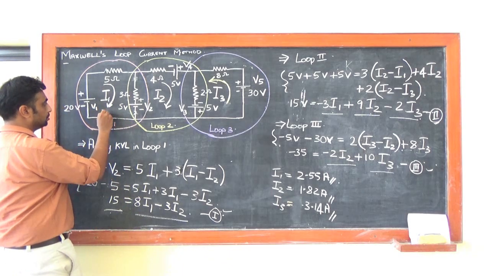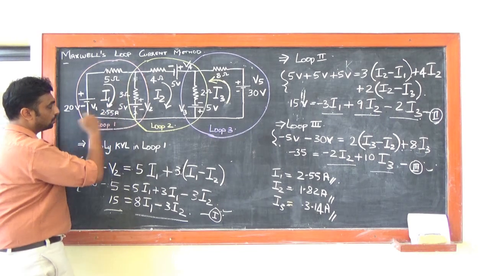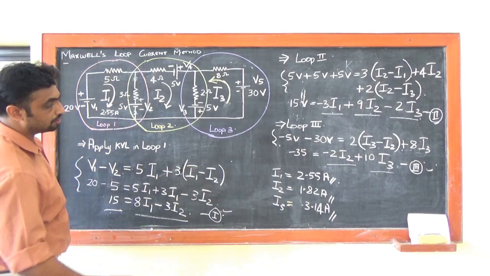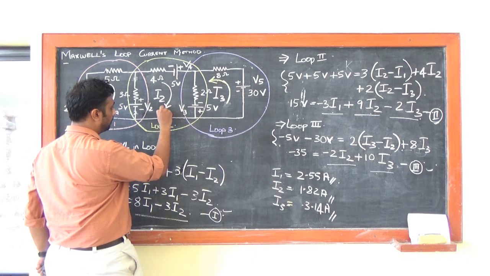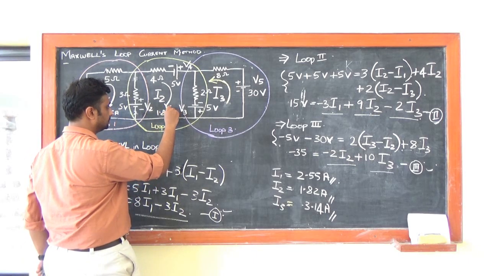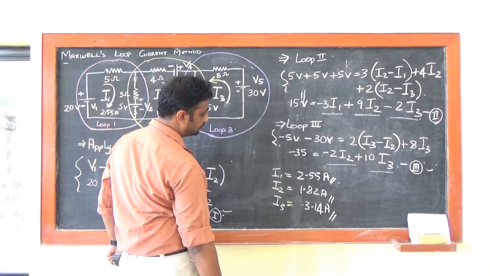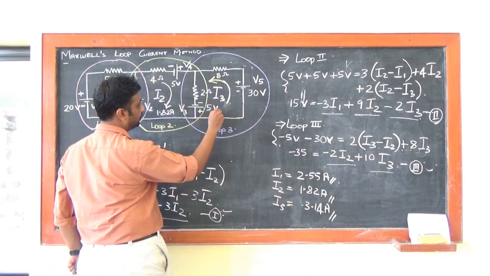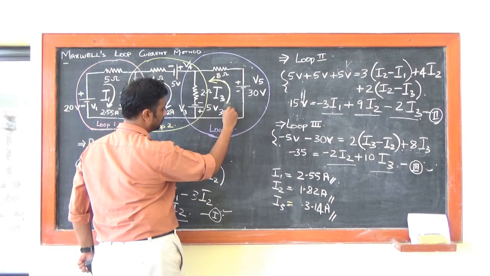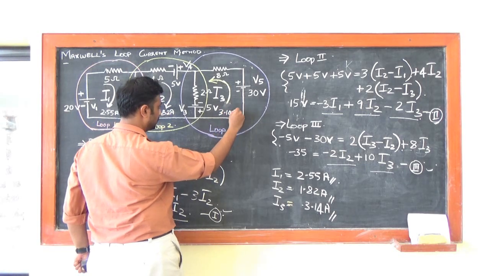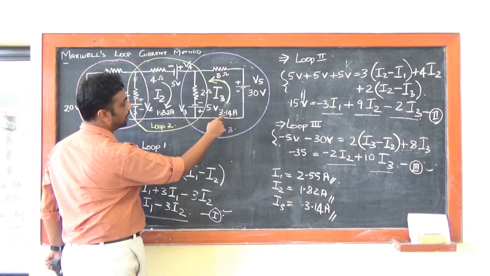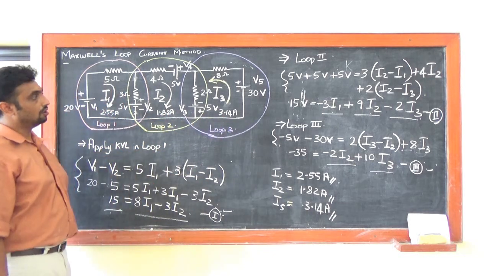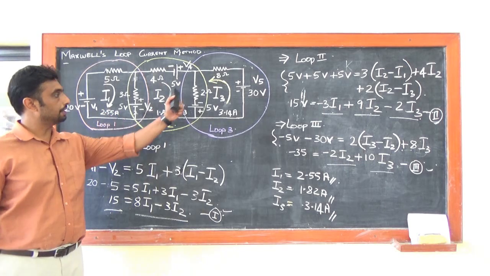So I1 equals 2.55 amps in clockwise. I2 equals 1.82 amps. And I3 equals 3.14 amps. So I got 2.55, 1.82 and 3.14 amps. So I1, I2 and I3.